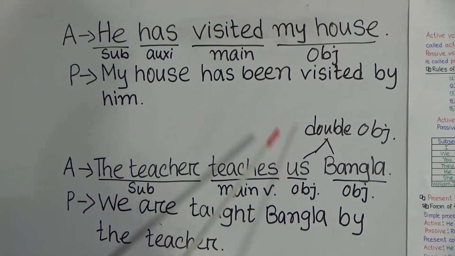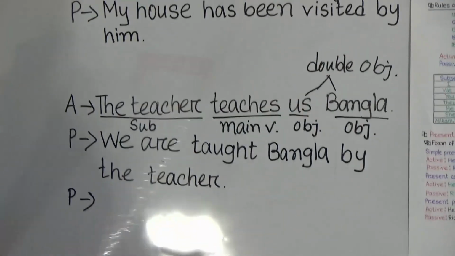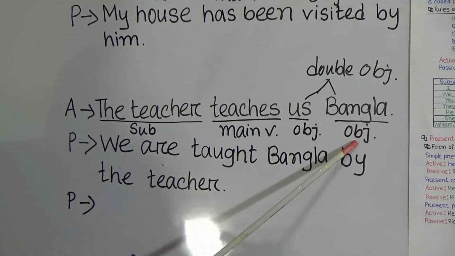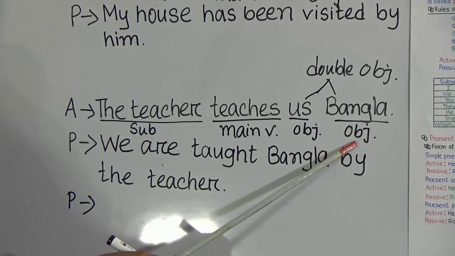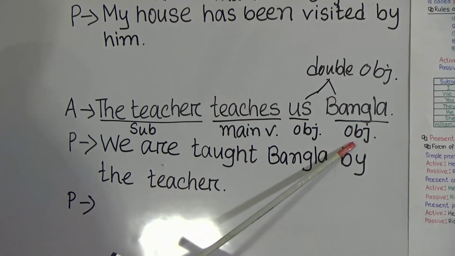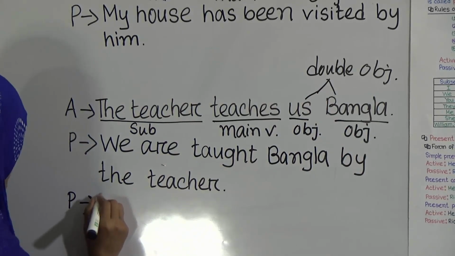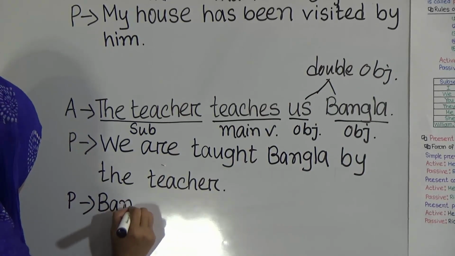Students, if we think that us is object in this sentence, then the passive will be: we are taught Bangla by the teacher. And as I said, you can choose anyone as subject. So if we choose Bangla as subject for passive voice, what will be the sentence of passive? First we have to choose Bangla as object of the active sentence, and Bangla will be subject in passive voice.